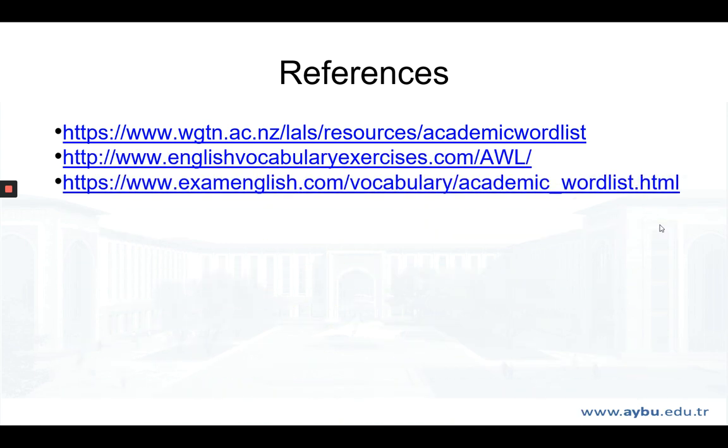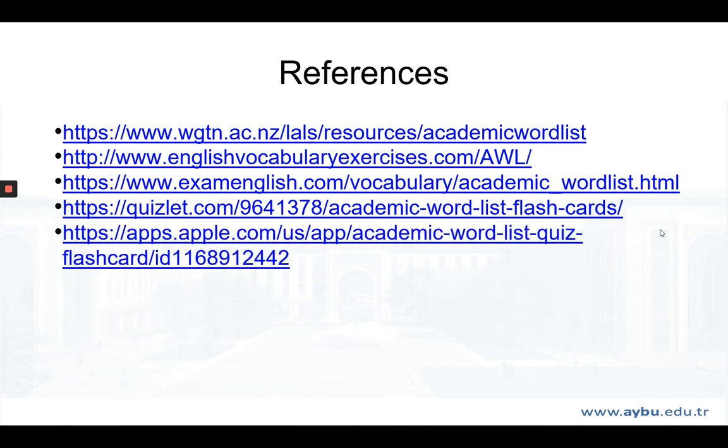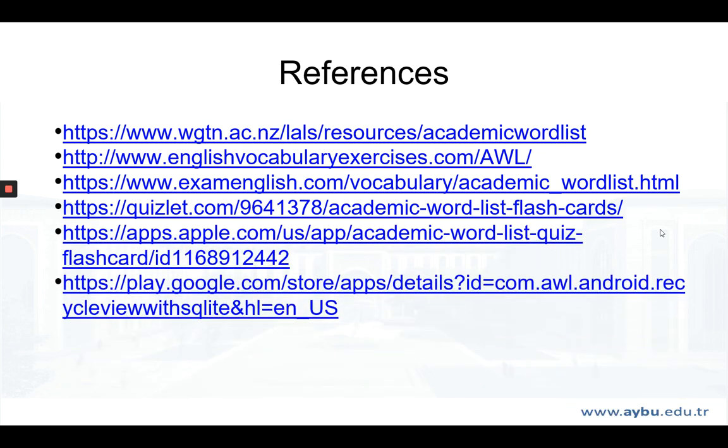Again, these two websites include exercises where you can practice academic word list. And on Quizlet, you can find academic word list flashcards. Also, there are some smartphone applications where you can practice academic word list.